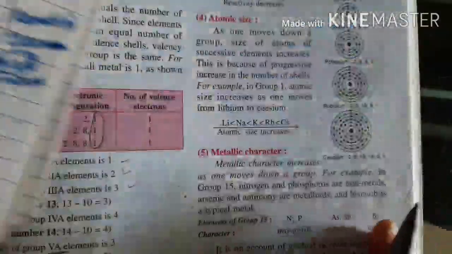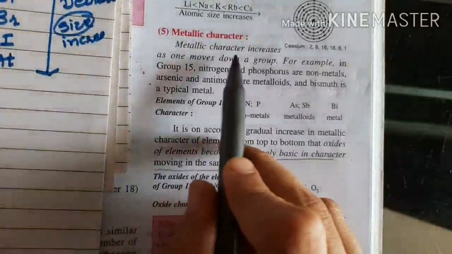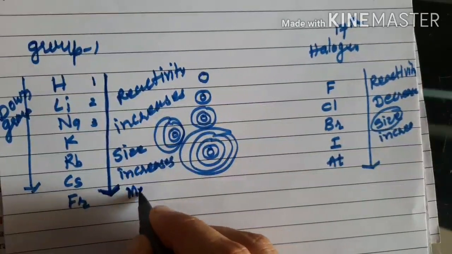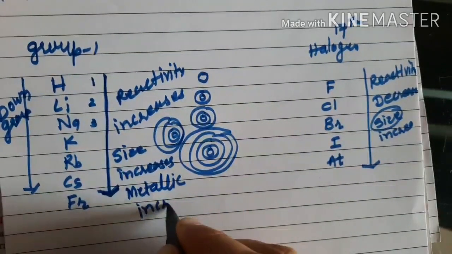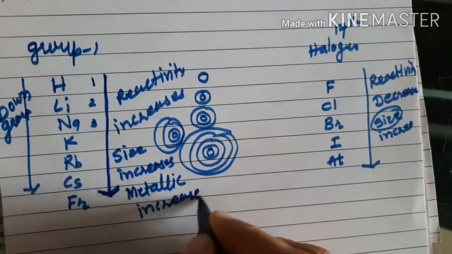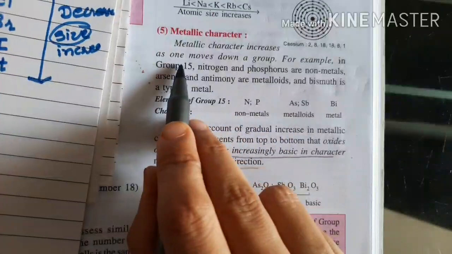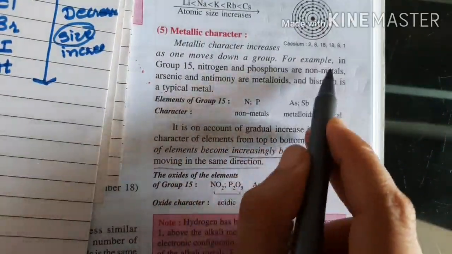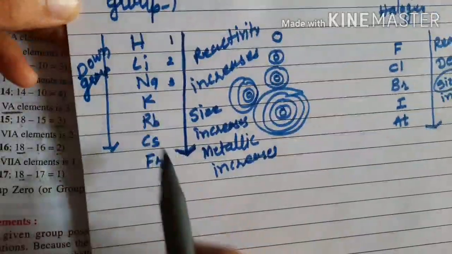Okay, size is increasing. Now the metallic character. Metallic character increases as one moves down a group. For example, in group 15, here also the metallic character increases. In your textbook the group 15 example is given.